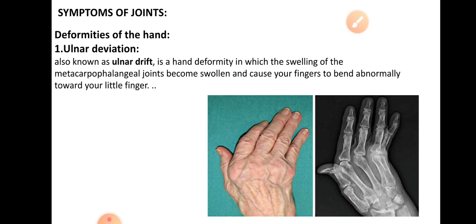First is ulnar deviation. It is also known as ulnar drift. It is a hand deformity in which the metacarpophalangeal joints become swollen and cause your joints or fingers to bend abnormally towards your little finger.